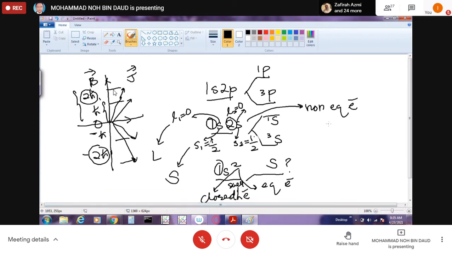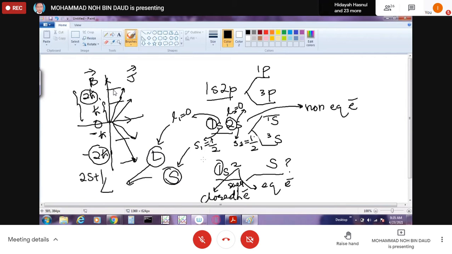So you must identify the type of electrons in use and approach, so that you use L and S to get the atomic term symbols. You must know this one.